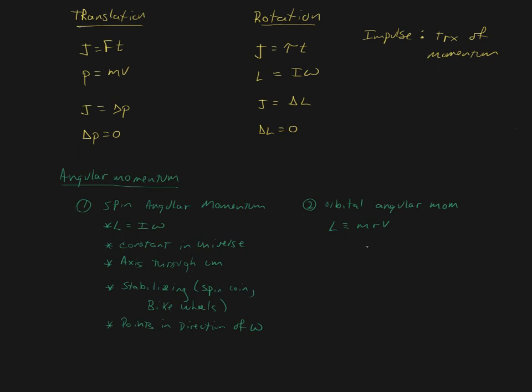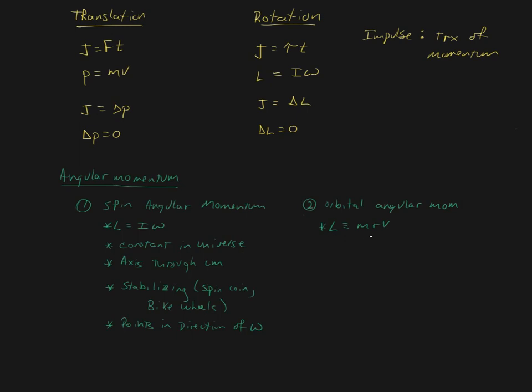Basically, we'll be looking at objects as point particles. It's easy to visualize for the Earth what spin angular momentum is because we spin around on our axis in 24 hours, and for orbital angular momentum, the Earth is effectively a point particle going around the Sun because we're so far away, and the angular momentum associated with that is something completely different.